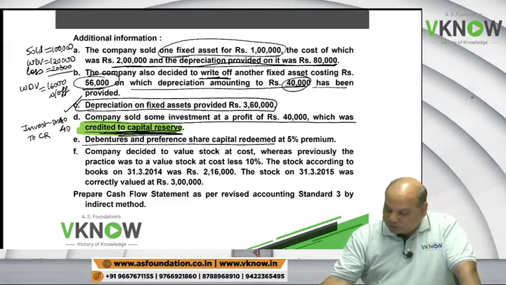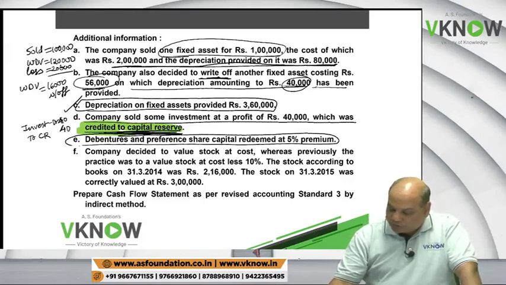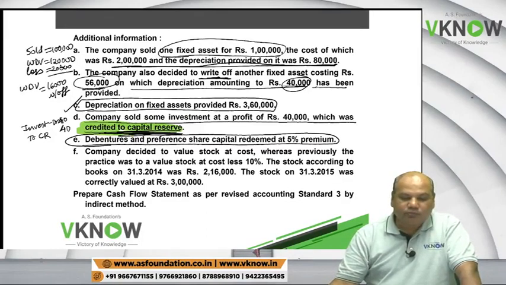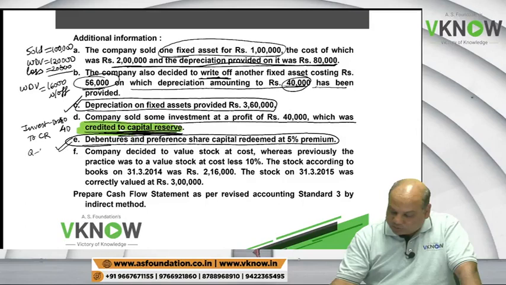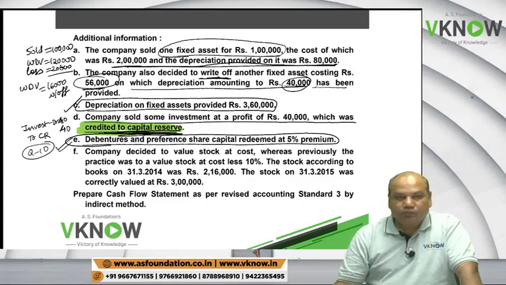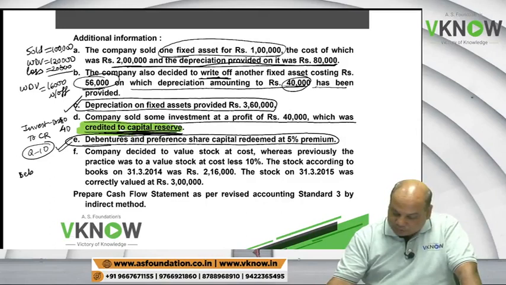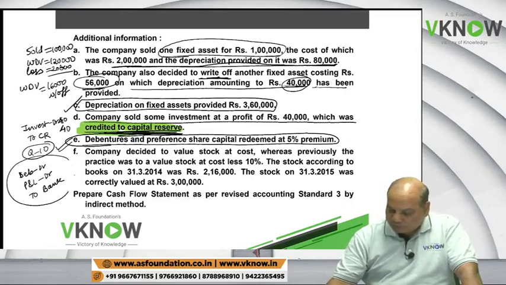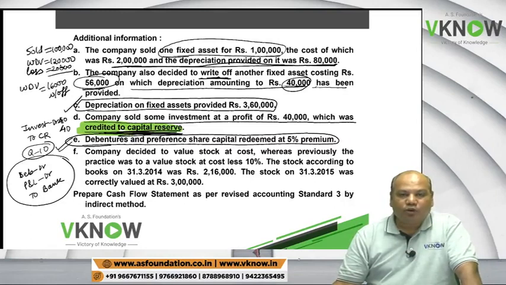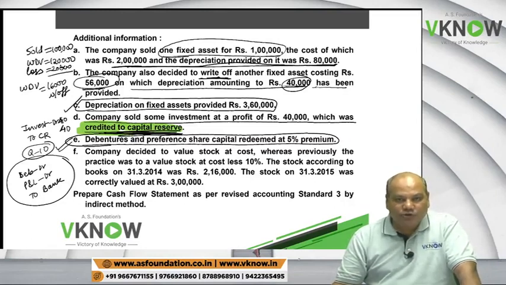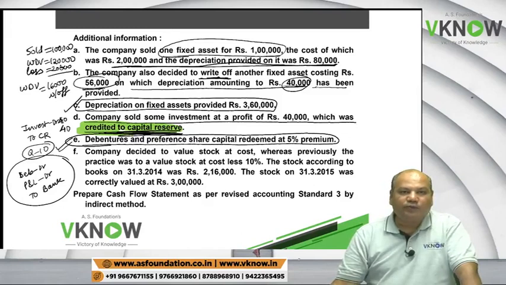Debenture and preference share capital are redeemed at 5% premium. This is similar to question number 10 we have solved. The entry would be debenture account debit, P&L account debit, to bank account; and for preference share also, preference share account debit, P&L account debit for the premium paid, to bank account.